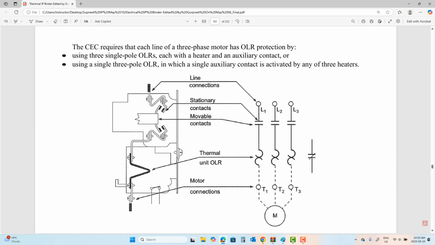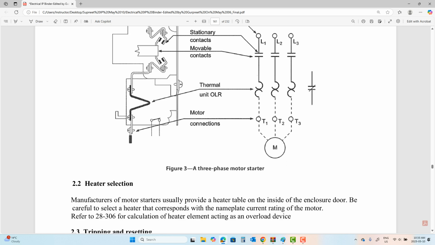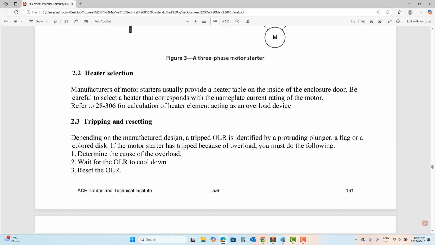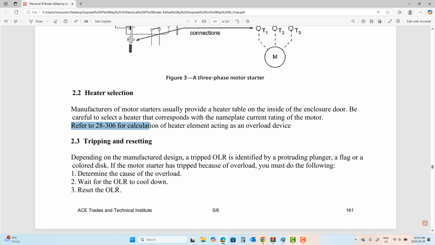The goal of that motor control station is to close these contacts so that the motor can start. Now, important thing to know here is, how do you select the heater element? You follow 28306 to find the size of the heater element, which is what we talked about, the overload device size.